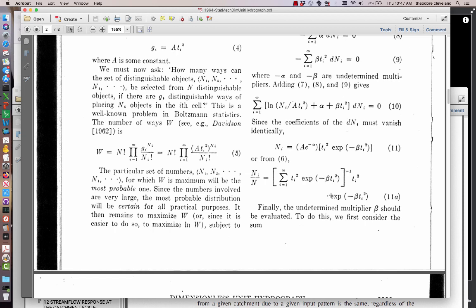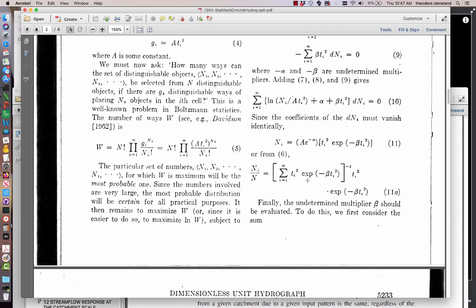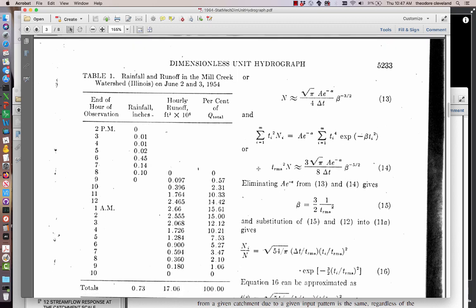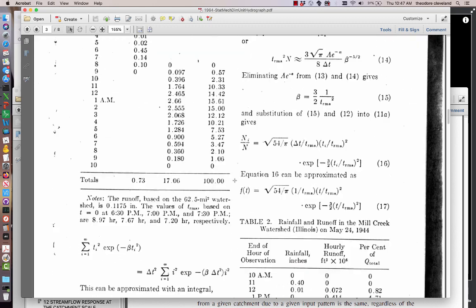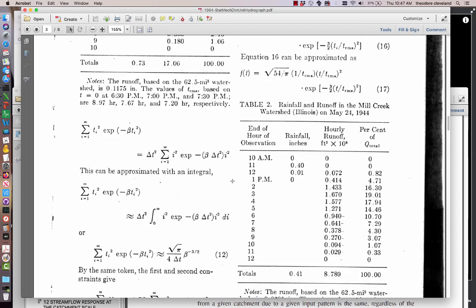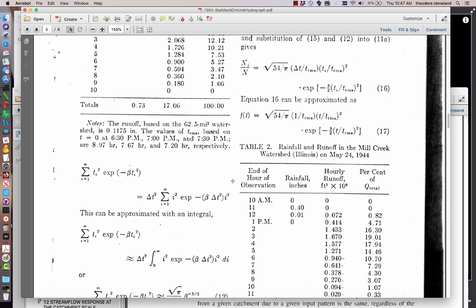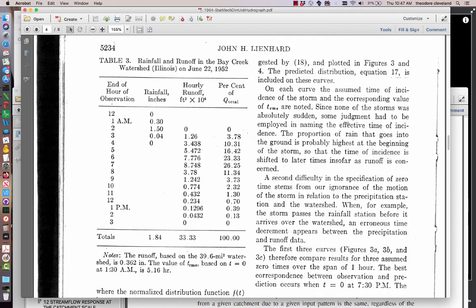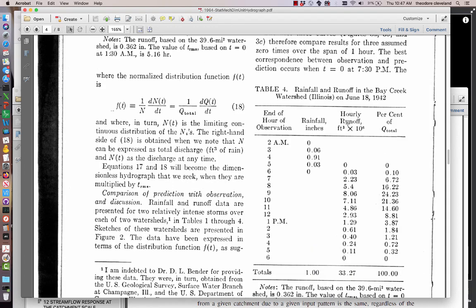So we have a numerator portion, which is time raised to a power times a decaying exponential divided by the sum of all the prior times. So this is clearly discrete convolution at this point. And then he goes ahead and presents an example for a watershed in Illinois and the requisite arithmetic that carries along with it, and I'll leave that for you to read on your own. When we get to the end, somewhere he's got a graph.